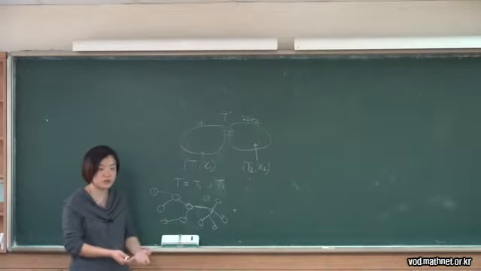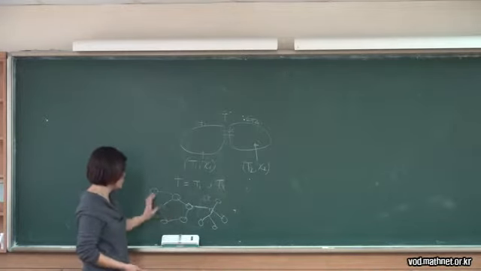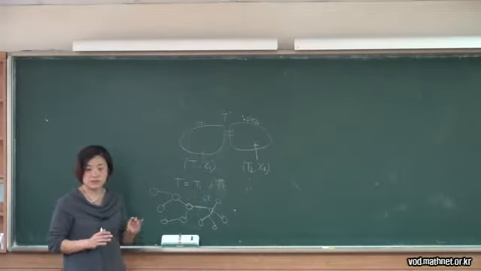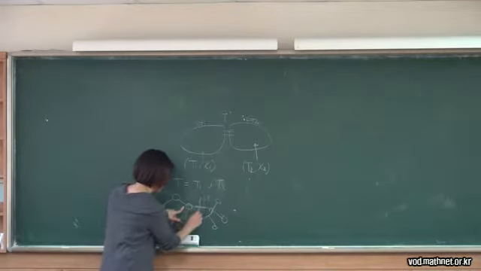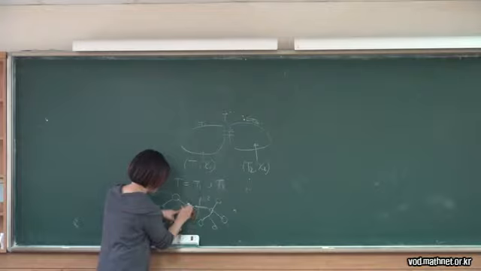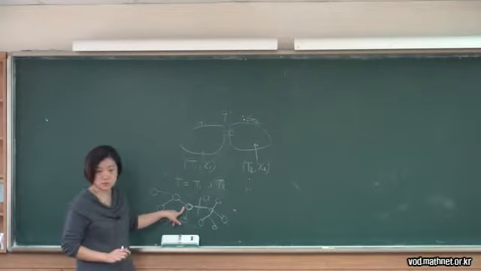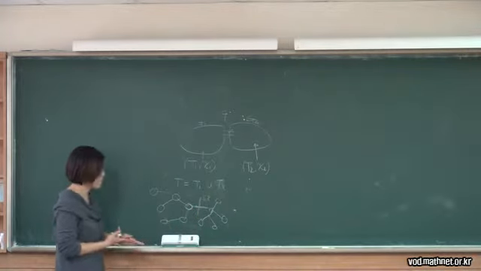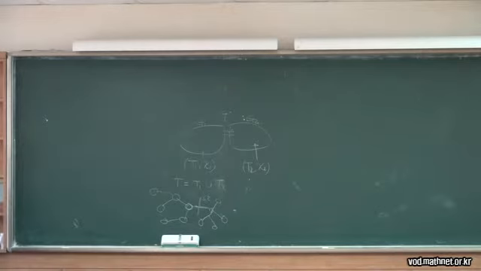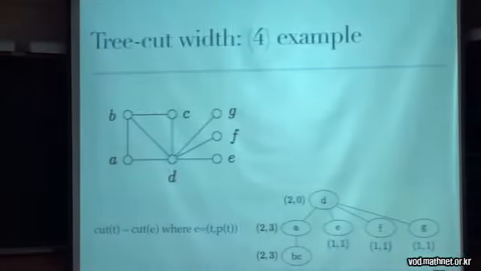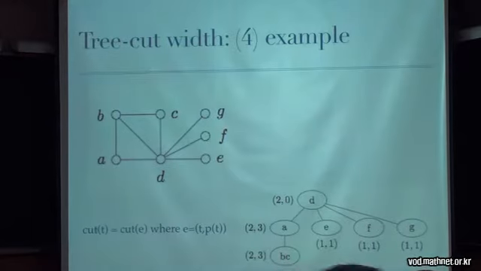So in fact, the original definition of the torso size for a general graph is designed so that such a cut doesn't increase the size of the torso. Okay. So this is an example of the torso size at each node and cut size at each edge, but I'll skip it.